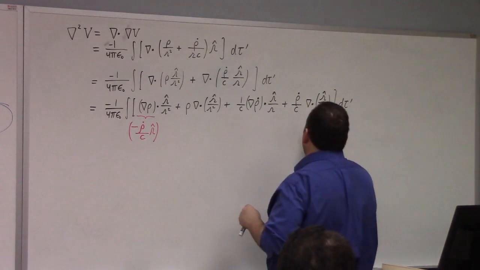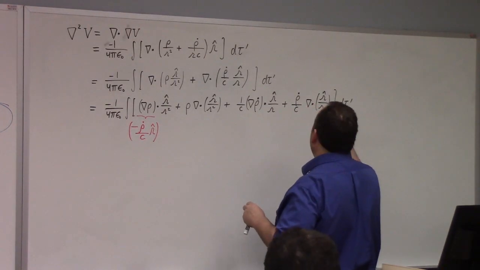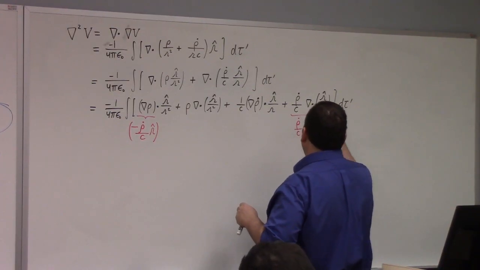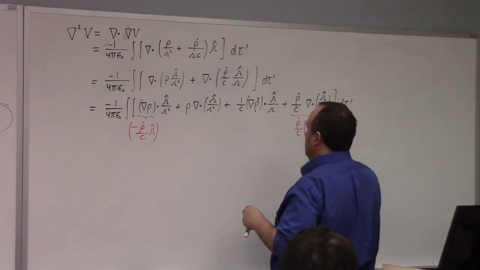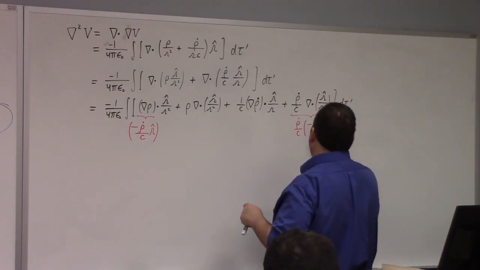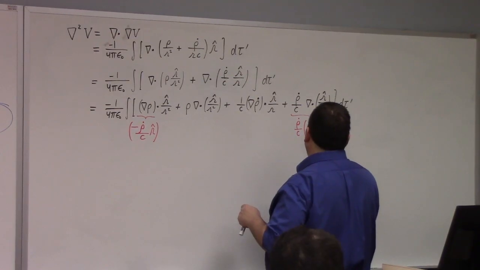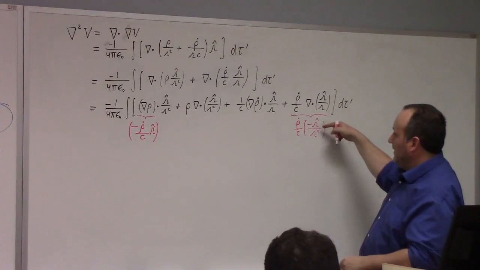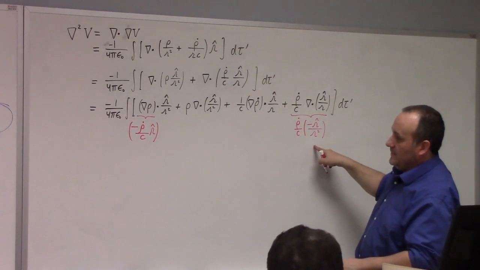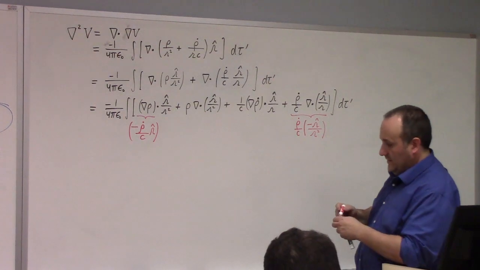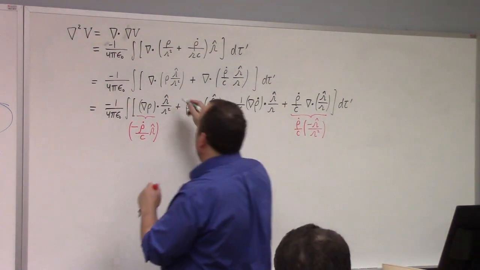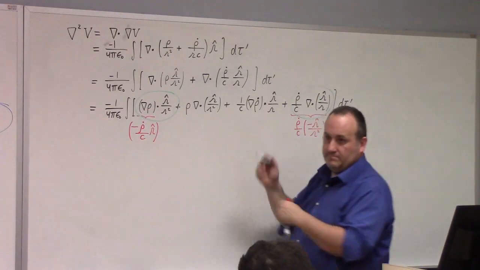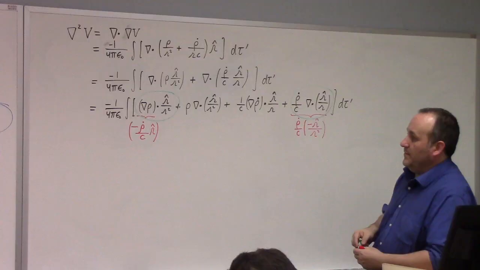And this right here is rho dot over c, and this is actually minus rho hat over r squared, right? Like the divergence of r hat over r is actually minus rho hat over rho squared. My point is just that this term and this term cancel. They're the same, but with minus.